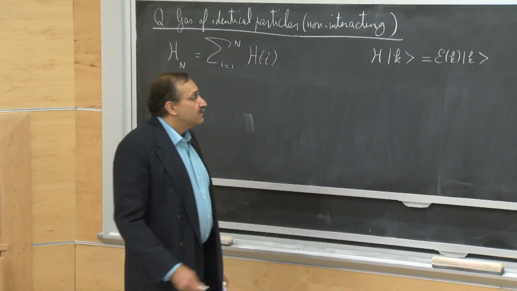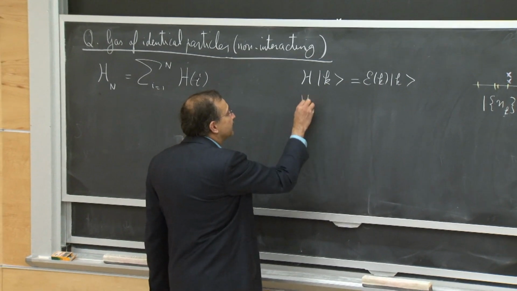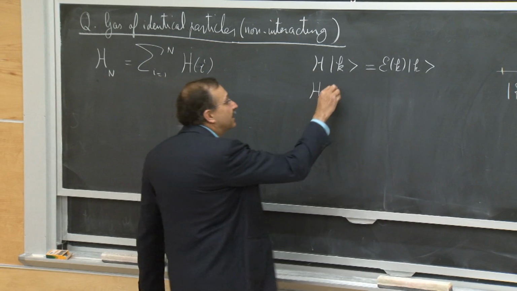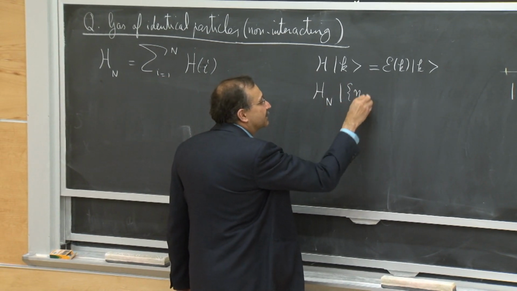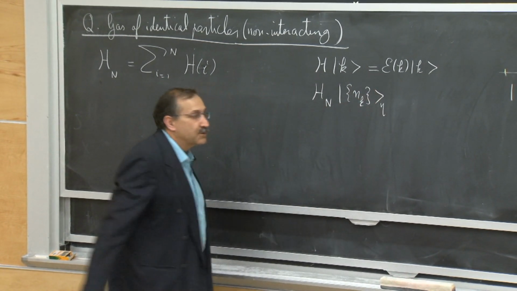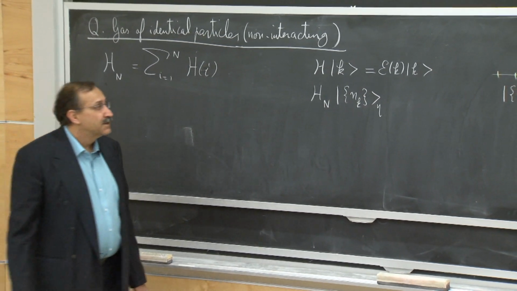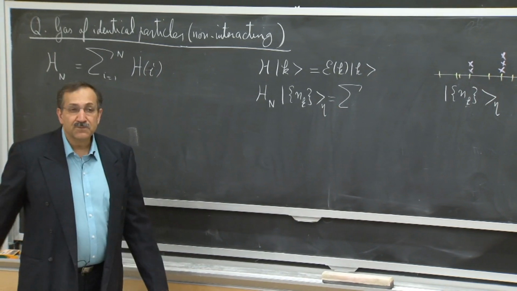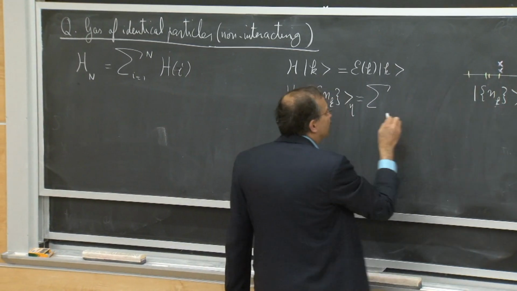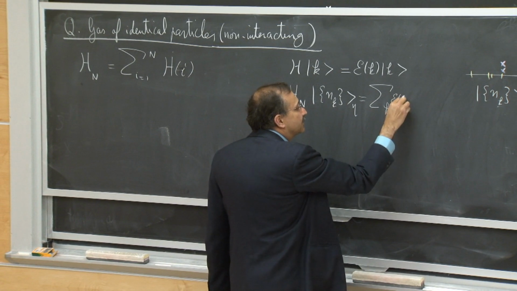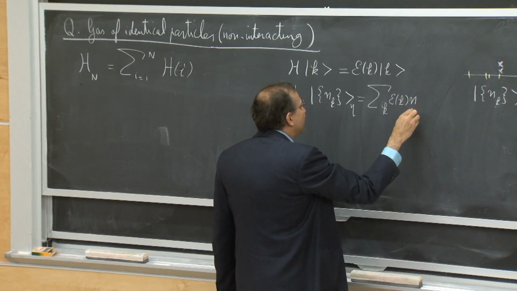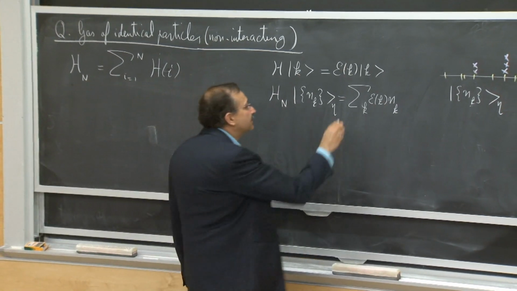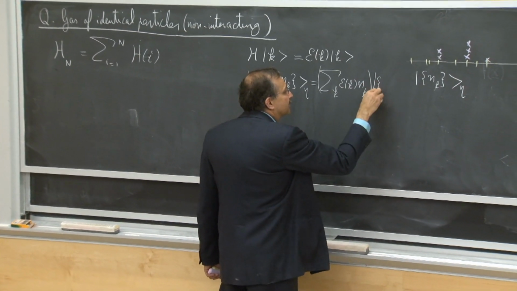Now, once we have a state such as this, clearly the n-particle Hamiltonian acting on a state that is symmetrized with this bunch of occupation numbers will give us back the state. The energy that we would be getting is summing over all possible k values, epsilon k times the number of occurrence of that in this state, again multiplying the state back.